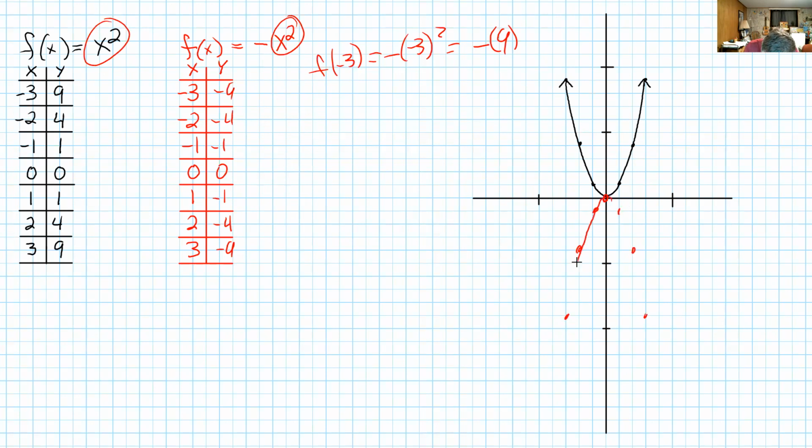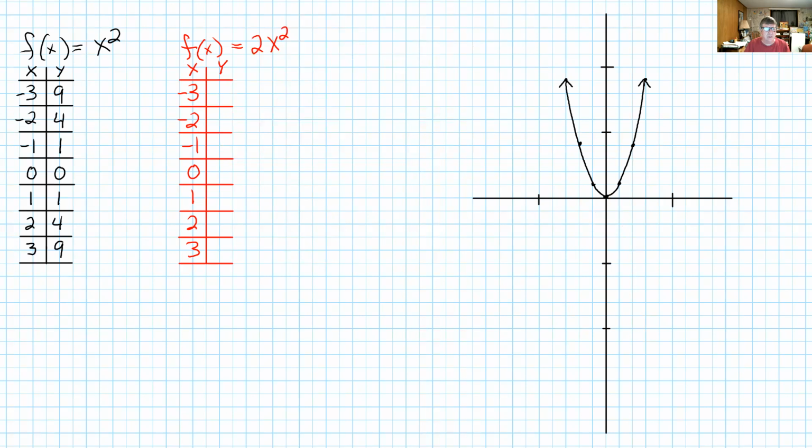We're going to have a picture of a graph that opens downward, okay? So if there's a negative sign out in front, it switches the parabola to open downwards.